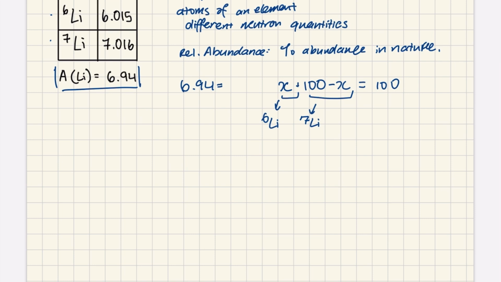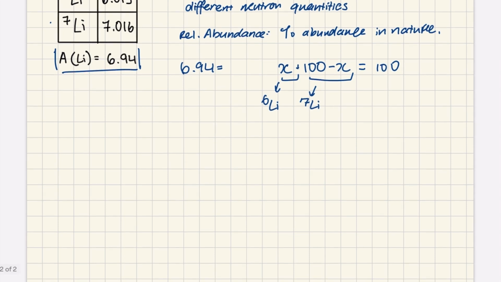So now we can set up the equation, and remember these are percentages, so we're going to divide the equation by 100. So 6.94 equals 6.015x, because 6.015 is the atomic mass of lithium 6, plus 7.016 times (100 minus x), all of that over 100.